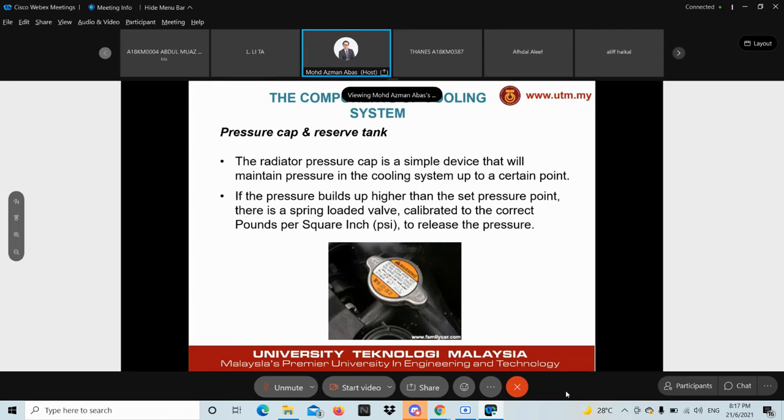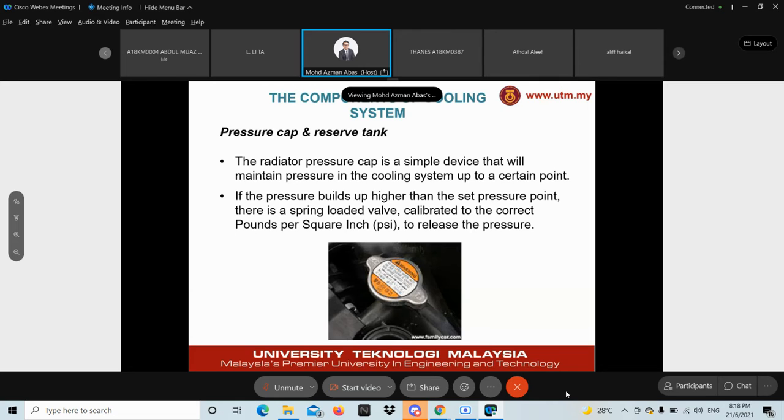The radiator pressure cap is actually a simple device which you can buy, probably at a cost of between 20 to 30 ringgit. But it is very important to make sure that the pressure in the cooling system is at its desired value.